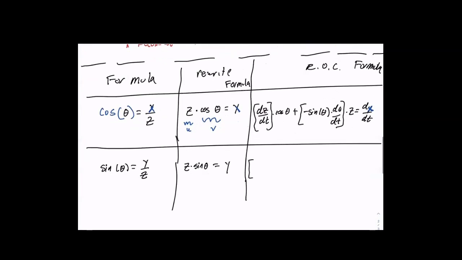dz dt times sine of theta plus cosine of theta times d theta dt times z.